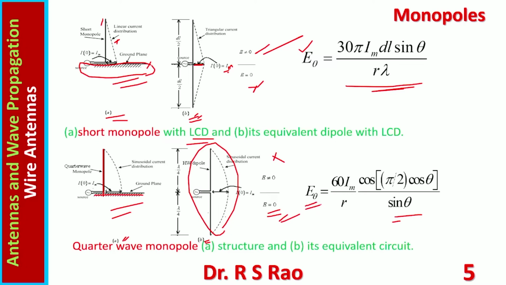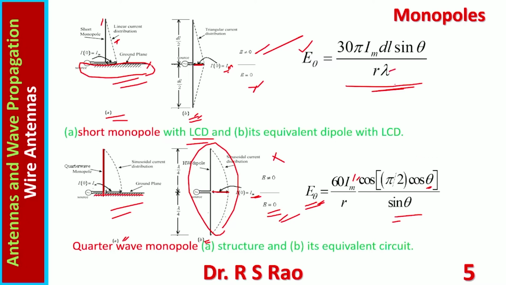E theta, the radiation field, may have several components, but only one electric field component contributes to power flow. That component is the theta component. That's why the theta component has been considered here. Im is the maximum value of the current. Theta is the polar angle, so these expressions are in the spherical coordinate system.